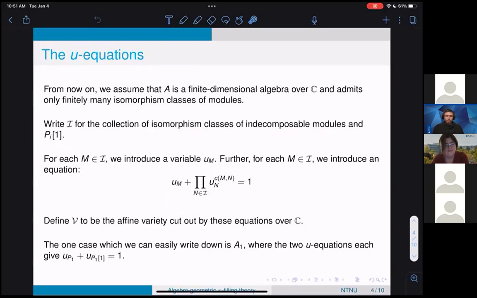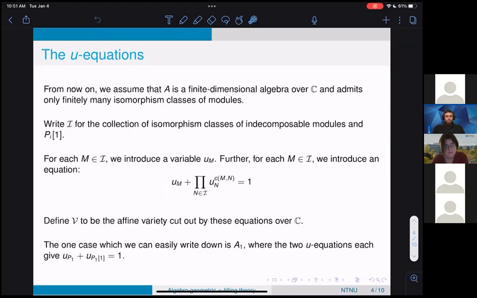So for each m in the index set, for each indecomposable module or shifted projective, we take u_m plus the product over everybody in the index set of u to the power of its compatibility degree with m. And then the sum of these two terms is supposed to be 1. And then we're going to look at the affine variety cut out by these equations over the complex numbers.